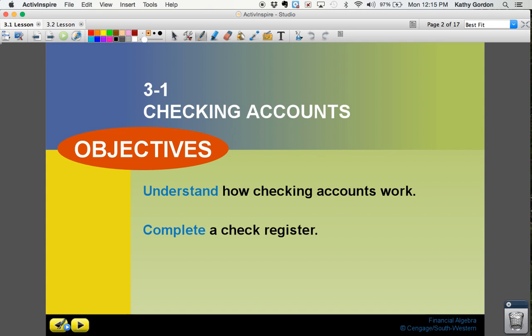You can sign up for a password and access your account through the bank's website. A lot of times you can write electronic checks that way. You can transfer money from your checking to your savings or savings to checking, things like that, all online.